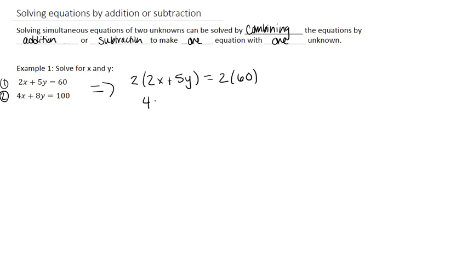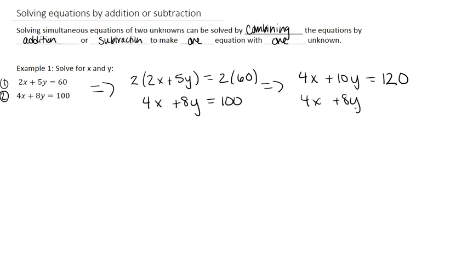Then on the bottom, we're left with just 4x plus 8y is equal to 100. So when we solve for this, 2 times 2x is 4x, 2 times 5y is 10y, and 2 times 60 is 120. Next we have 4x plus 8y is equal to 100.